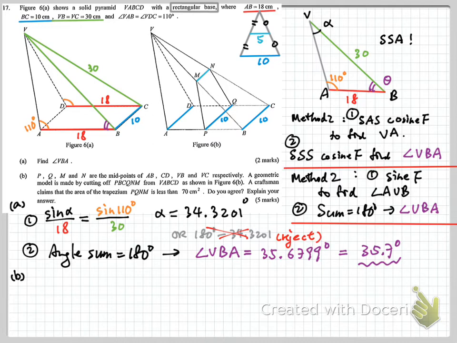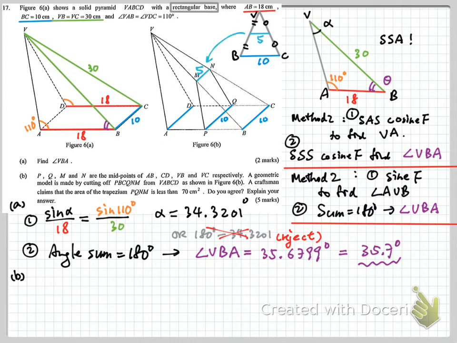That is the midpoint theorem, isn't it? So in no time, we obtain MN equals 5, because of the midpoint theorem in triangle VBC. So we have this blue line equals 5.